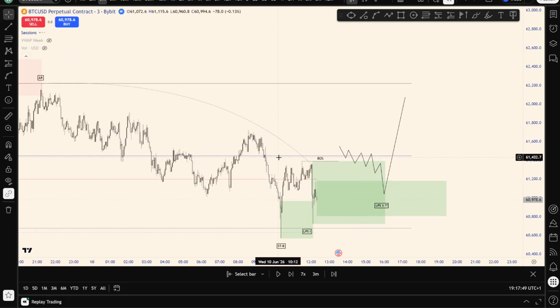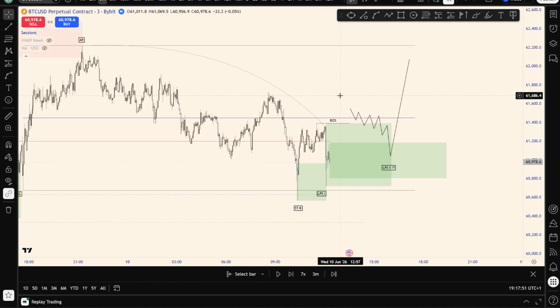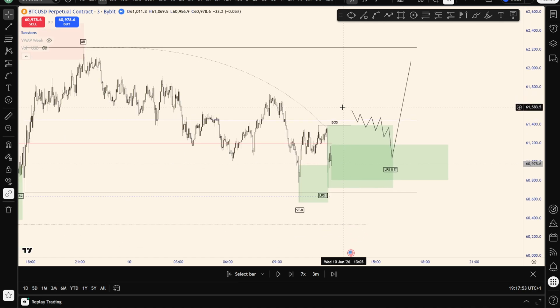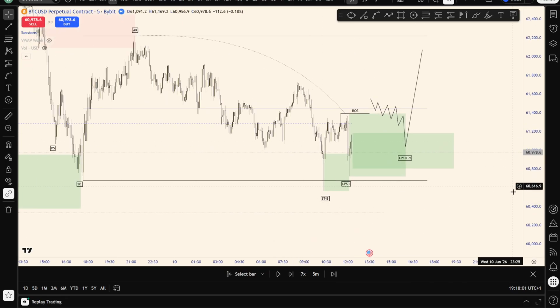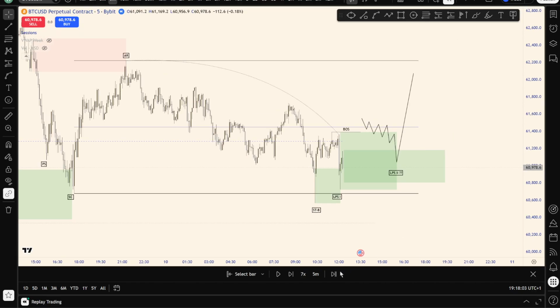Like no demand, no supply, so price stepped here into, I think it was a 5 minute demand order block, and then price went higher up here pre-New York, exactly pre-New York session.